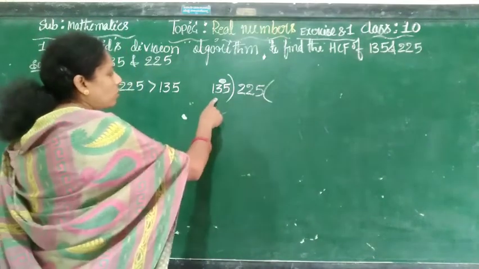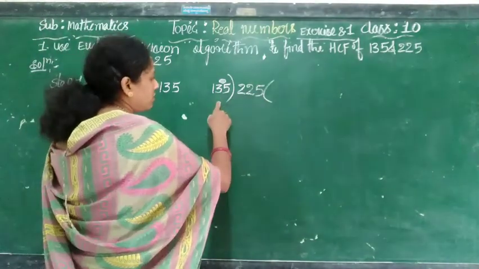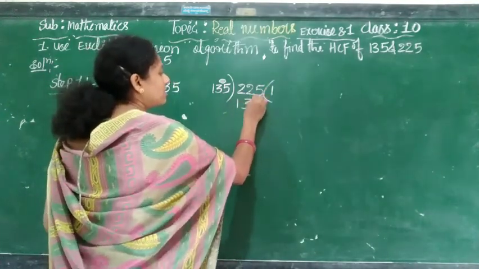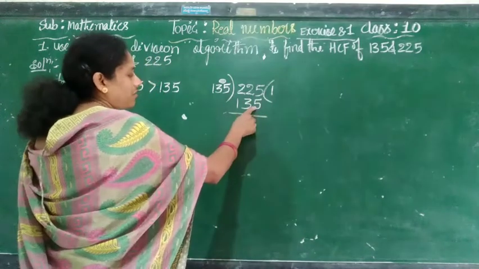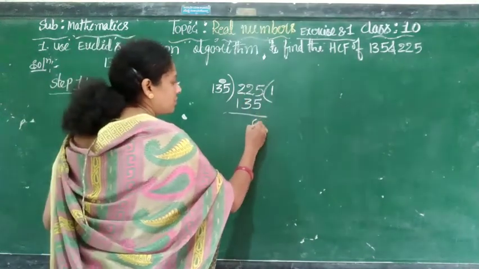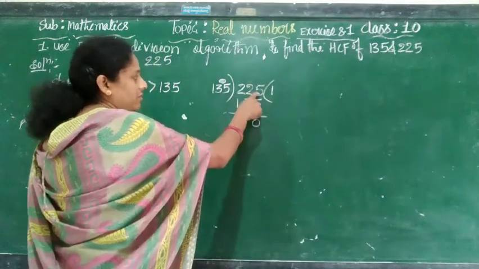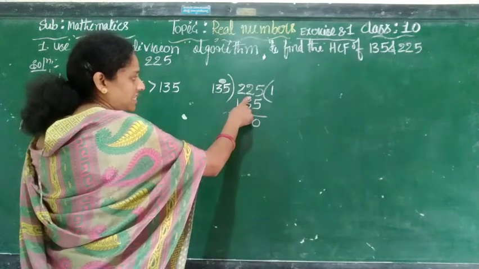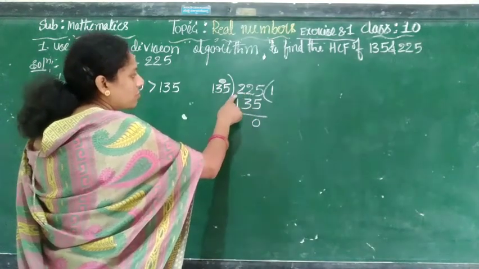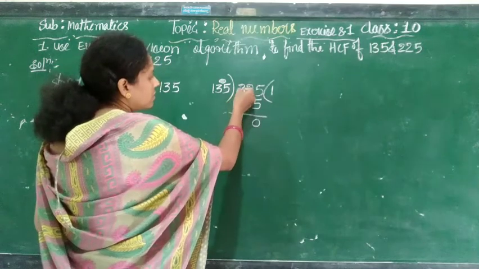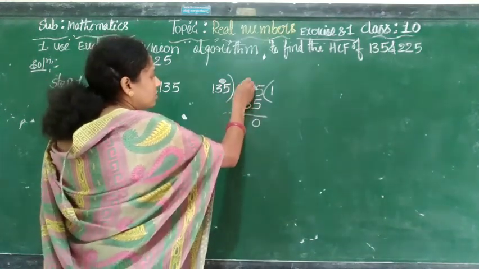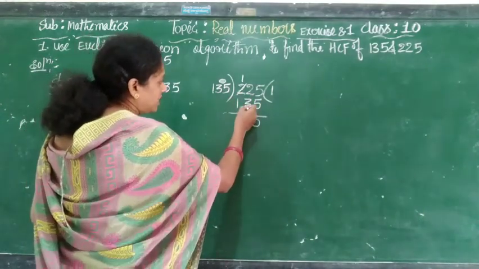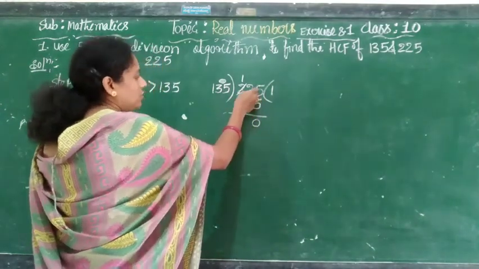135 ones are 135. 5 minus 5 is 0. We get 0. So 3 is not subtracted in 2. So go to the next. So here take 12. 3 is subtracted in 12.